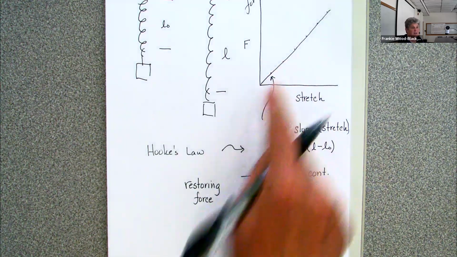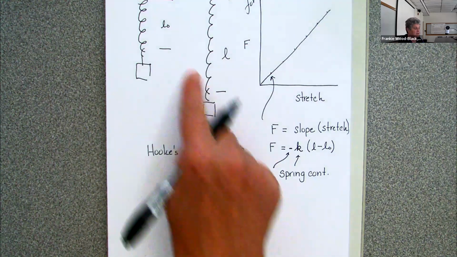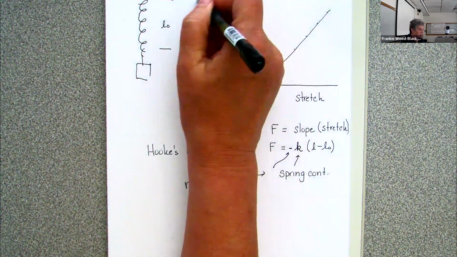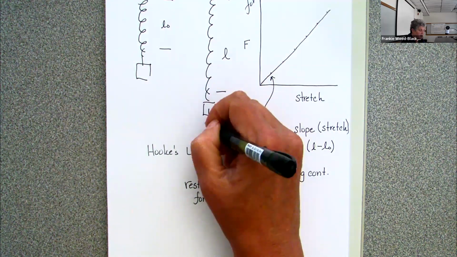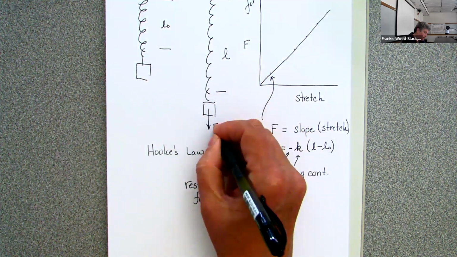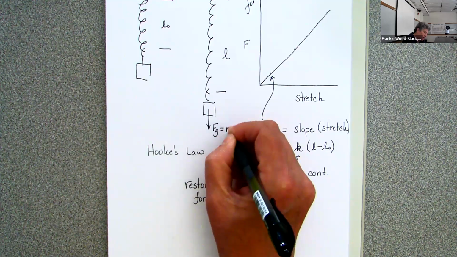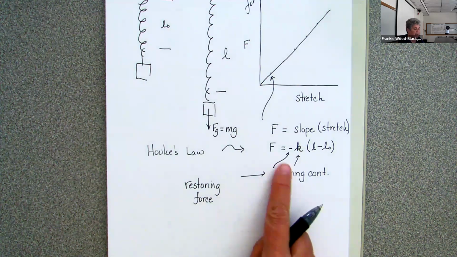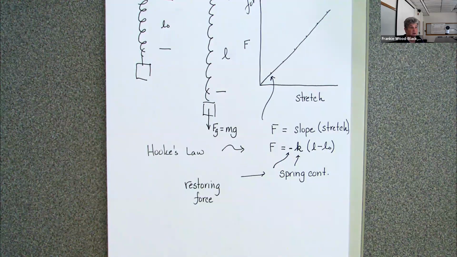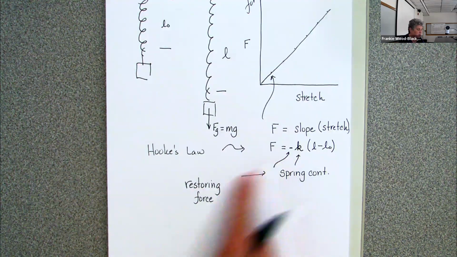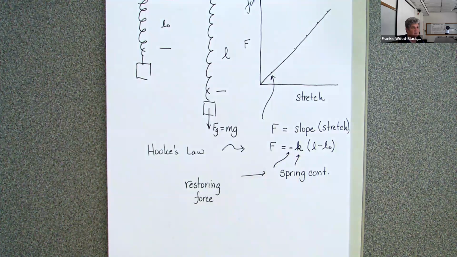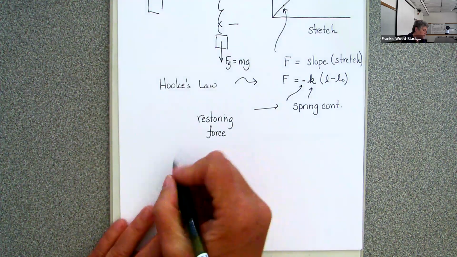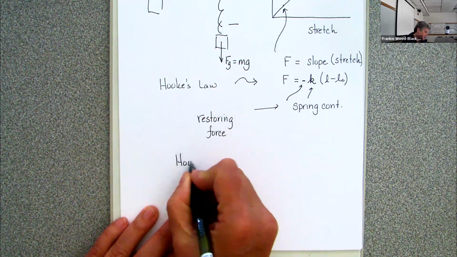But if I'm plotting, especially if I've got a system like this and I'm putting the mass down here, this is my force due to gravity, which is going to equal my weight, and that will have it drawn down. So my spring comes in there, and we can actually measure these spring constants. But it is a restoring force, and that's why when we usually see Hooke's law, we usually see it written this way.